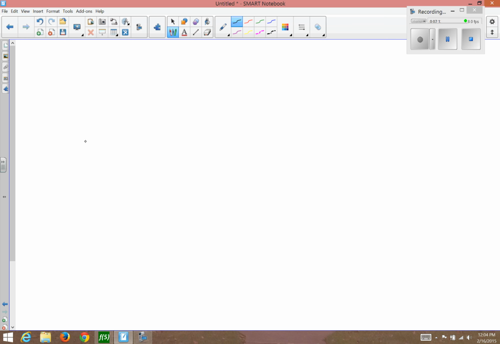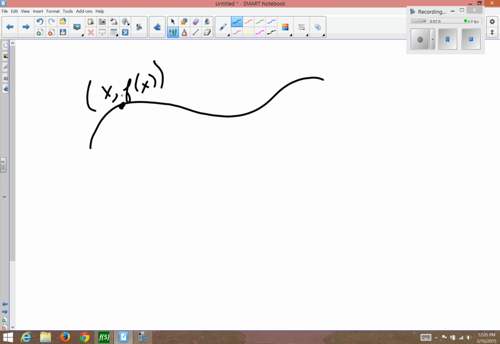So any function, if I want the slope from this point, whose coordinates are x, f of x, same as saying x comma y, the slope from this point to itself, then we'd have, instead of a secant line, something called a tangent line.